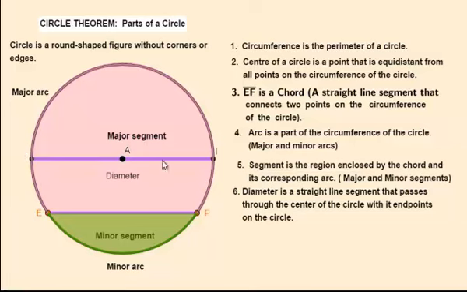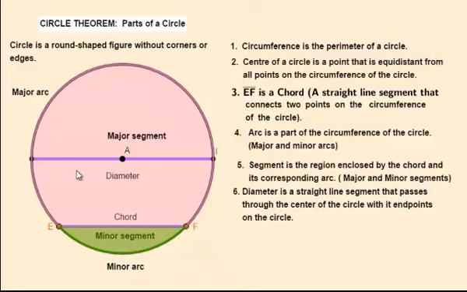I hope you can see it well. That is our diameter. And now this is our chord, which separates the circle into two regions called the major segment and the minor segment.